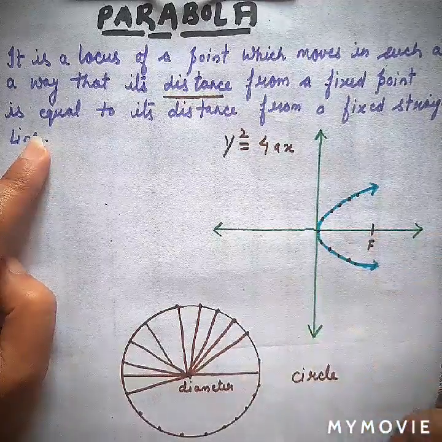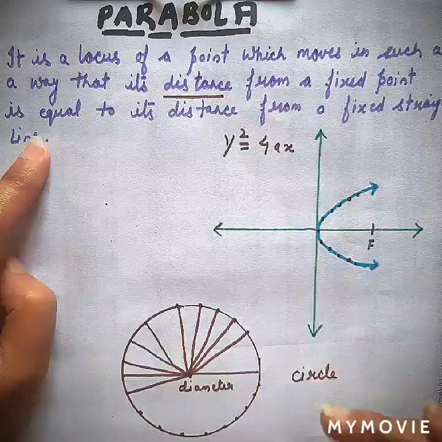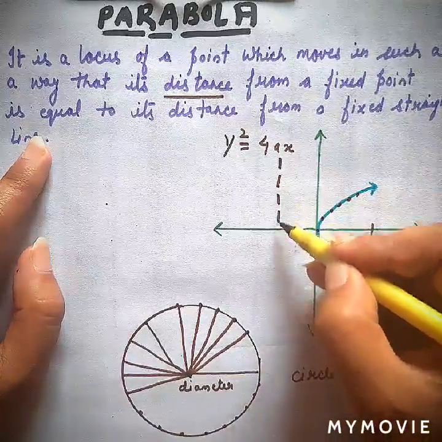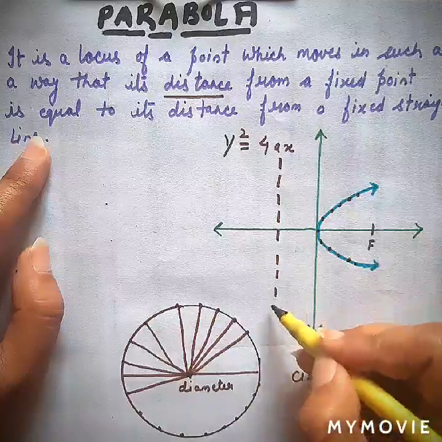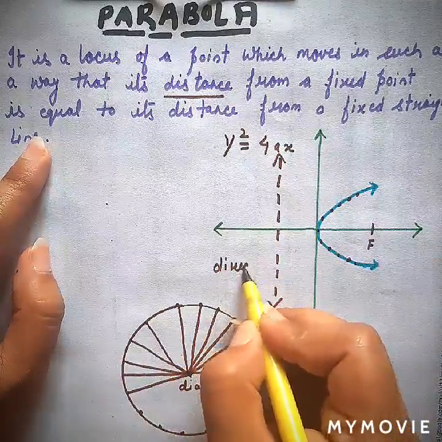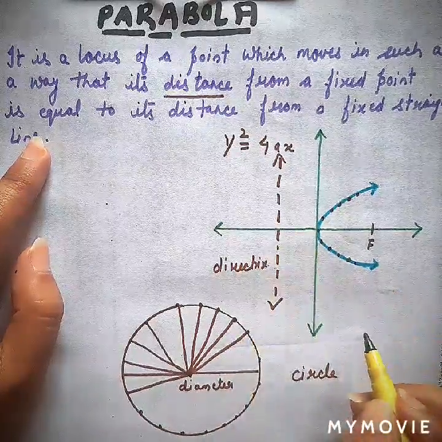And which straight line are they talking about? X-axis, y-axis? No, they are not talking about these lines. It is a line which we call the directrix, which we will consider over here.